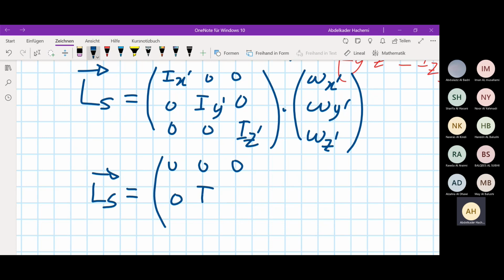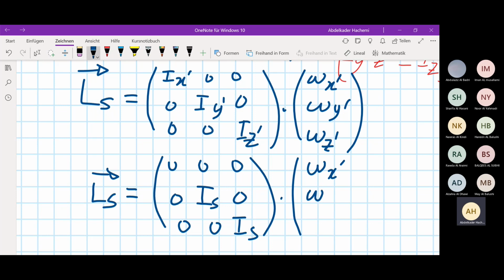I define it as 0, 0, 0, and the same value here, multiplied by omega x prime, omega y prime, and omega z prime.